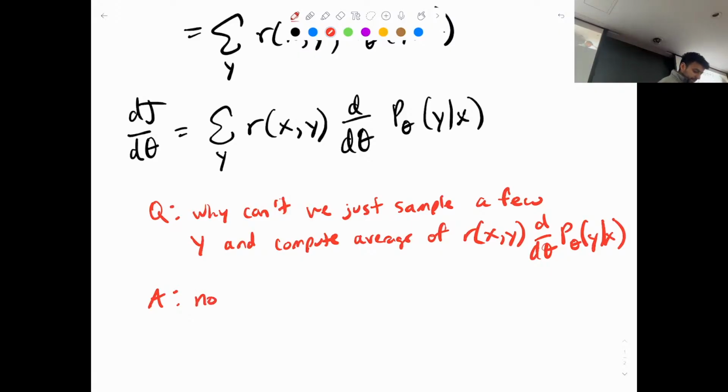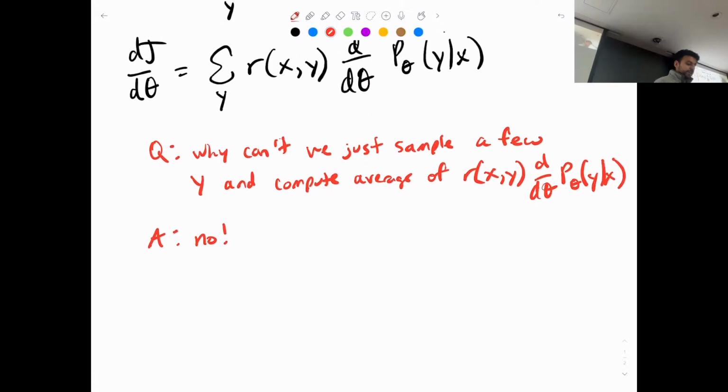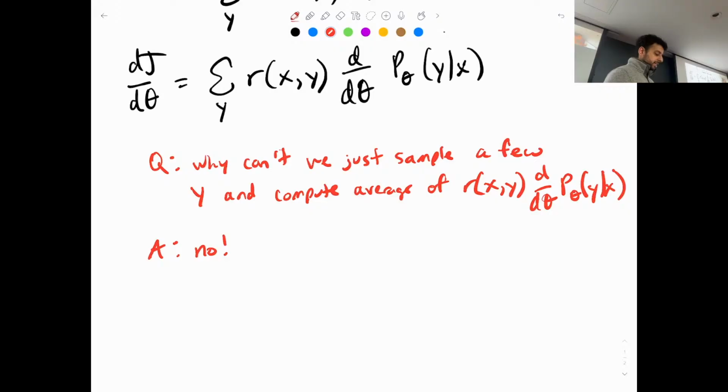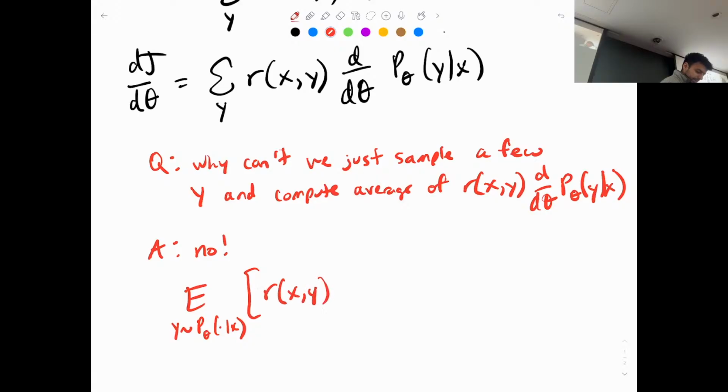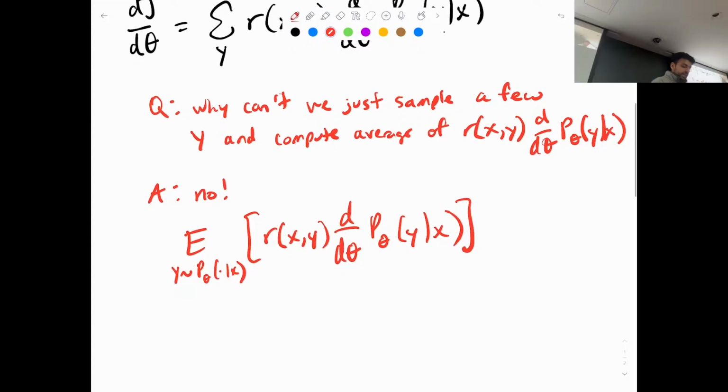But the real answer is no, because if you think about this sampling process and computing this average, if you look at the expectation of what you're doing, right? So if we compute this, where the y again is drawn from our policy model, and it is over the thing that we're averaging, which is this, you'll note that this expectation is not actually what we want to compute, right?